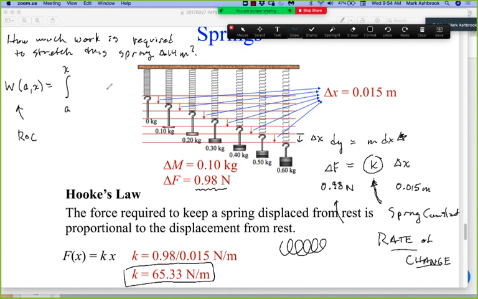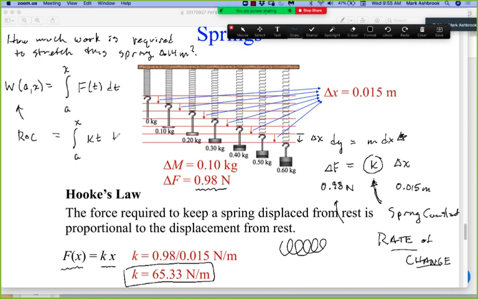So what is our rate of change function? Force, okay, and what is the force to stretch a spring t meters? Yeah, force for the spring is k times x.